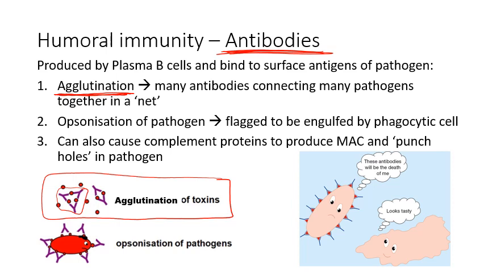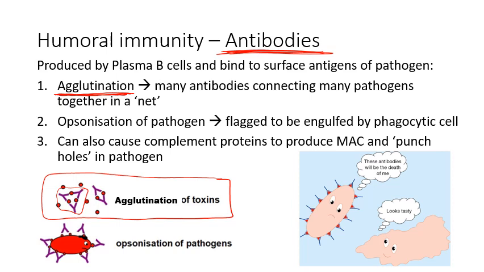If you watched the video that was on the previous slide, you would have also seen an example of agglutination happening where multiple antibodies were holding multiple bacterial cells together in a clump. That's an example of agglutination on a cellular level where they're holding multiple bacterial cells together and preventing them from further spreading throughout your body.